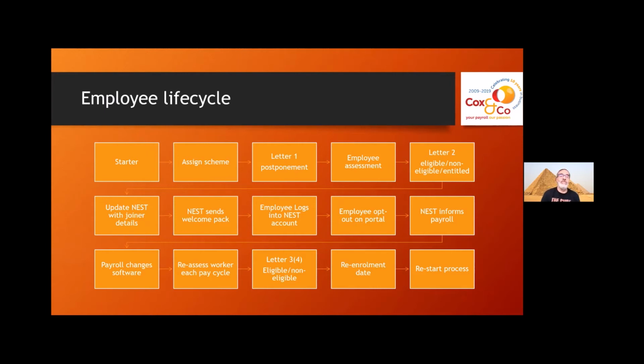Now, for some, you've got one scheme operating on one basis, not a problem. They're going to go on that default scheme. If that's the way you're operating your Nest setup, I will have called it AE default scheme. It is the one and only, and therefore you've got no further work to do.